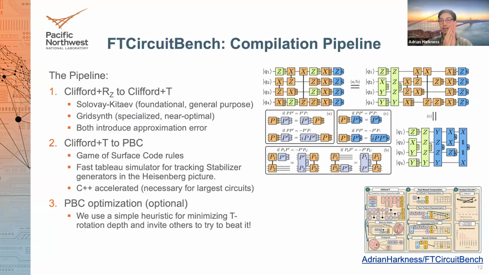Like T squared equals S, and then that can be commuted as a Clifford gate into your measurement basis again. Or if you have two identical strings that have opposite phases, those annihilate and cancel out as identity. So we try to find opportunities to do that, but it's not at all feasible to globally optimize this process. So yeah, we invite you to take a crack at beating our heuristic.